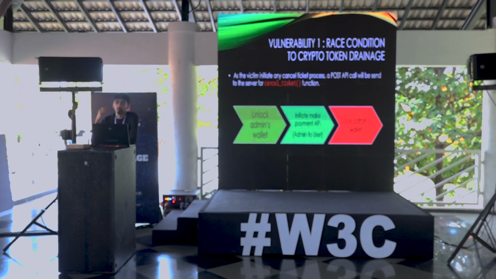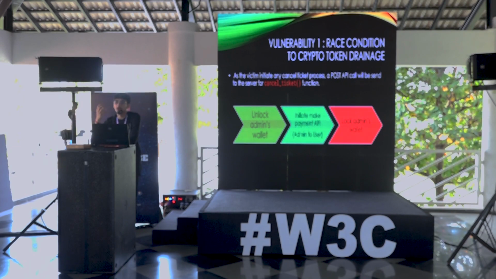Now just imagine what happens if we send two simultaneous requests to withdraw 5,000. Here the race condition comes into the picture, where you are able to withdraw more money than you actually have in your bank. Before the backend reduces your money from 5,000 to zero, you are making two simultaneous requests.